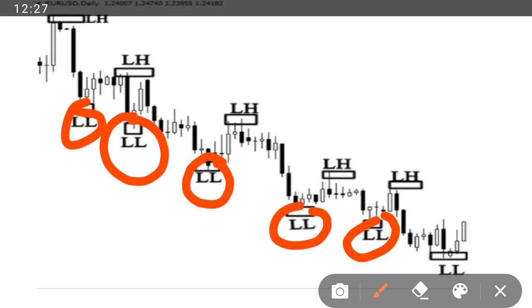Once you know the highs, if the high goes down, that is a lower high. As it goes down, lower highs, lower highs. And once you know the lows, as the low goes lower, it's called lower lows.